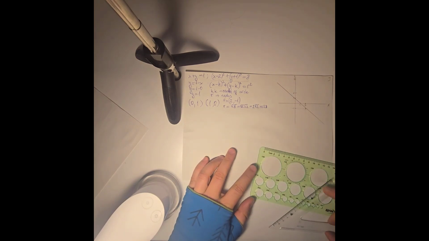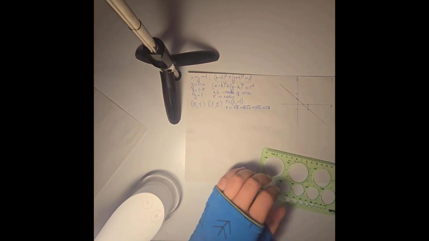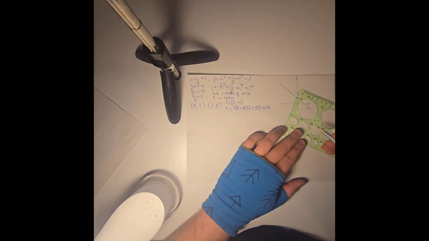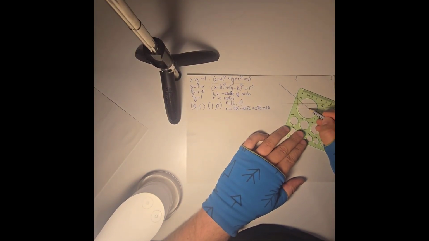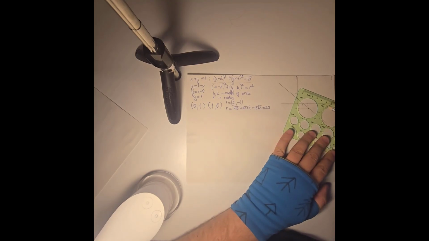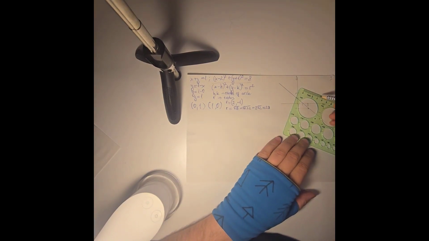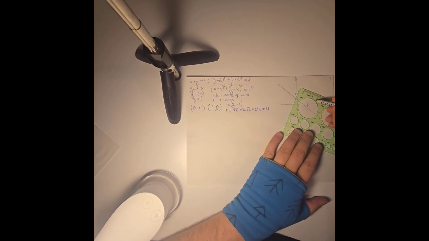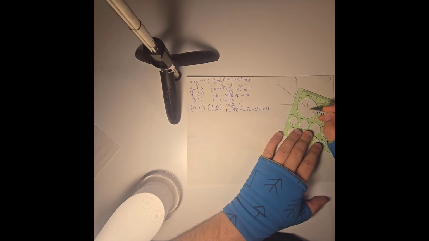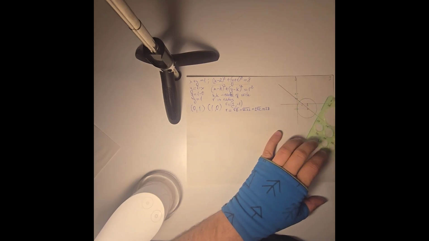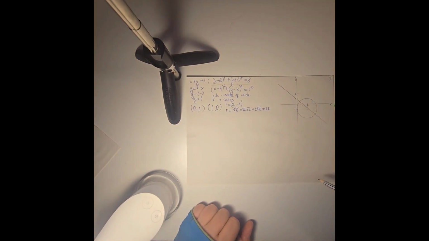This big one looks okay, pretty much 2.8. The radius is from the center, so we simply draw the circle. Now let's take a look.